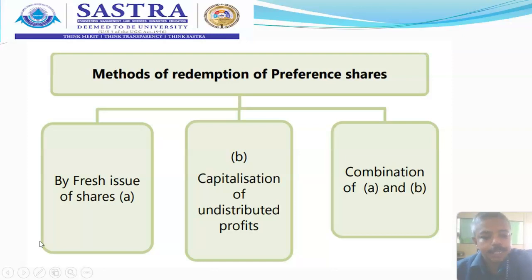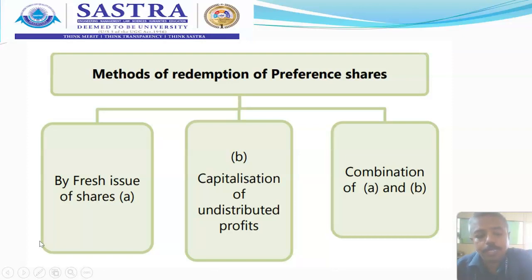The second reason is that when the balance of profit which would otherwise be available for dividend is insufficient, at that time they may go for issue of new equity shares for the purpose of redemption. The third reason is that when the liquidity position of the company is not good enough, during that time they may go for the new issue of equity shares.